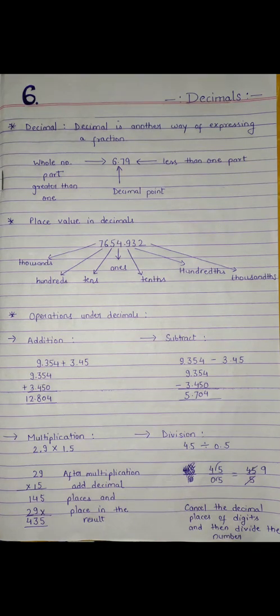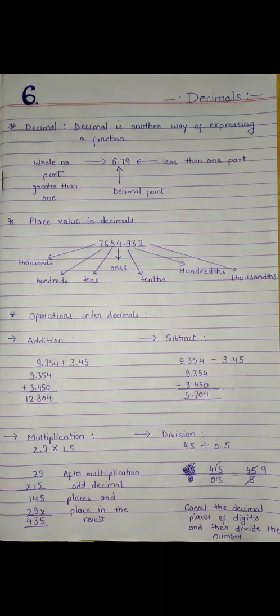Now moving further, what is important in this chapter? This chapter is important just to ensure that you understand how to do addition, subtraction, multiplication and division with the help of decimals as well. So while solving any operation under the decimal condition, you must ensure that the point will come just below the point of another number.